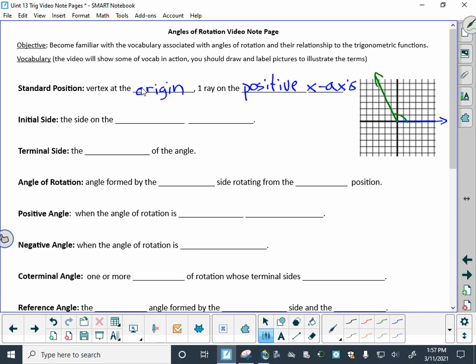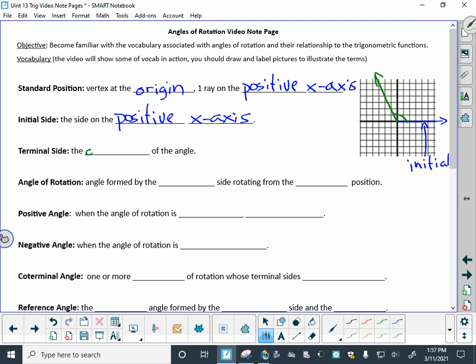Okay, it has two sides. The initial side is the one that is on the positive x-axis. That's the one I have in blue over there. And the other one, so let's label this. This is the initial side. And the other one is called the terminal side.